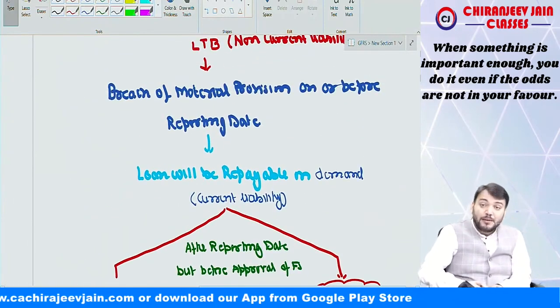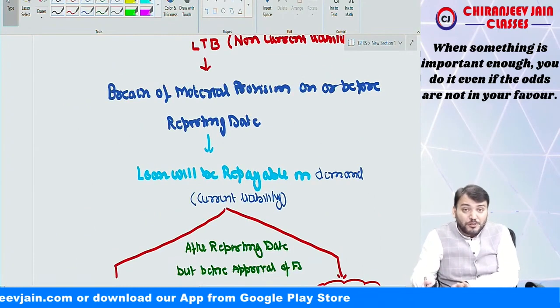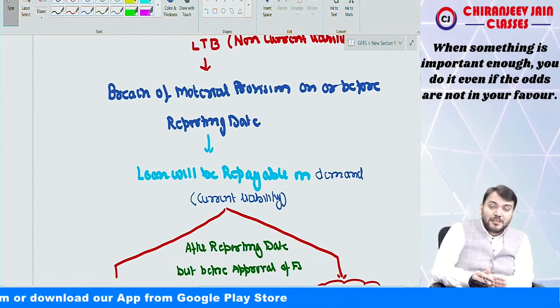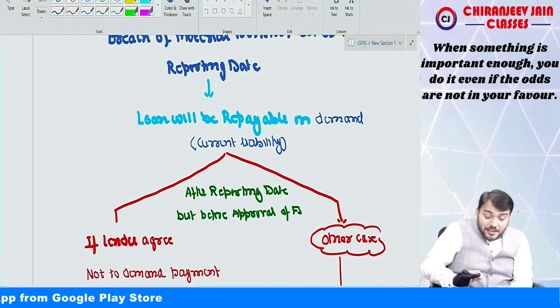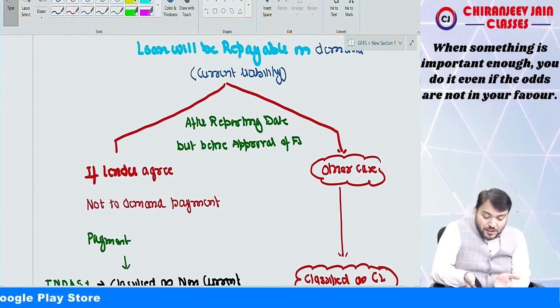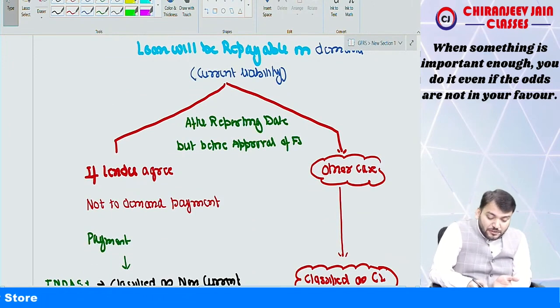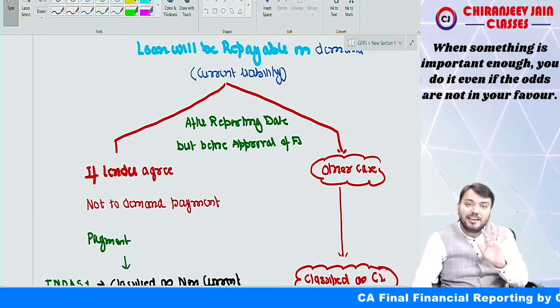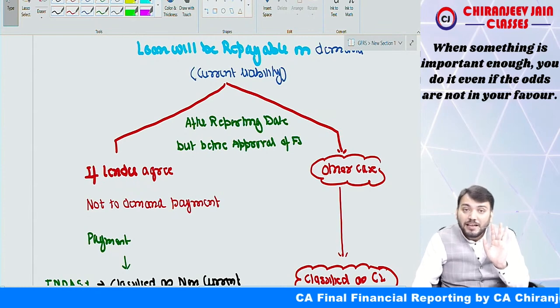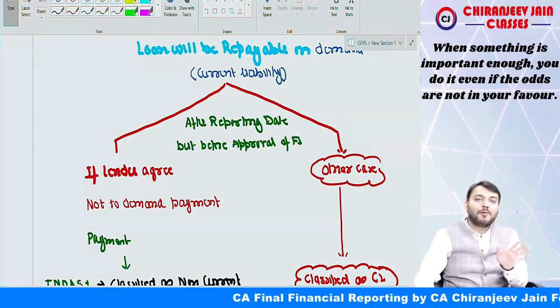Means if there is a breach of a material provision on or before the reporting date, with the effect that the loan becomes repayable on demand, and the lender does not agree, means the lender has not made any agreement for not demanding payment, then it will be considered as current liability only. This was given under Ind AS 1 and Ind AS 10 as a carve out.